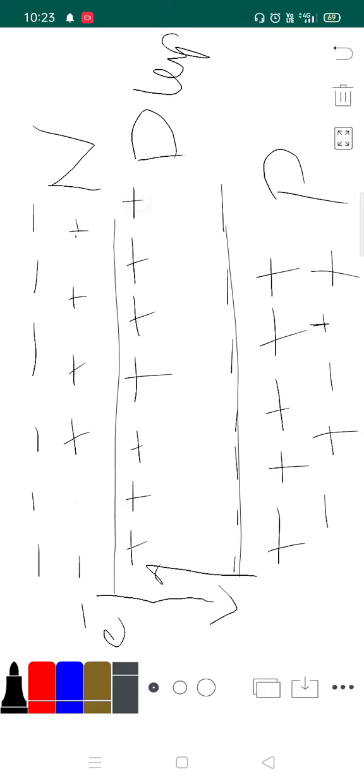So the electric field will generate in between the depletion region, so there will be generation of electricity.